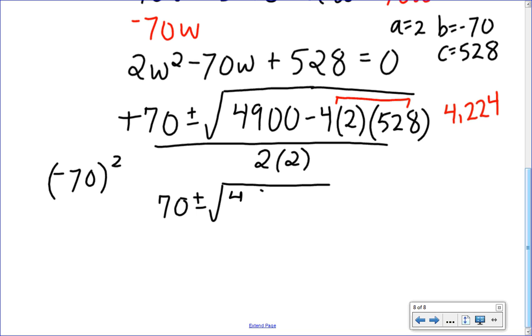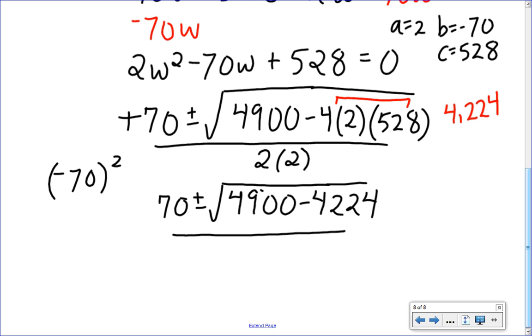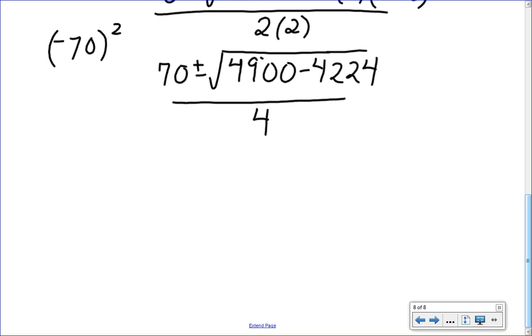So this gives us 4,900 minus 4,224, all divided by 4. When we combine this, we get 676.